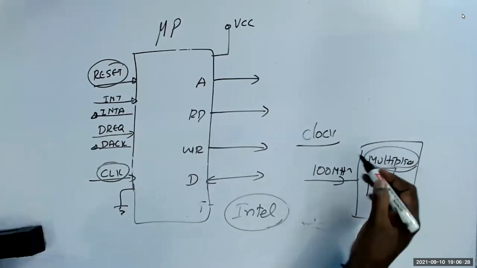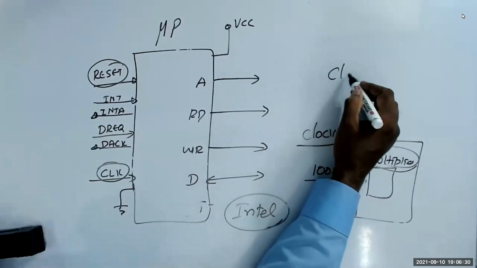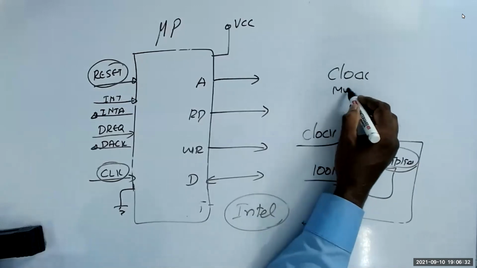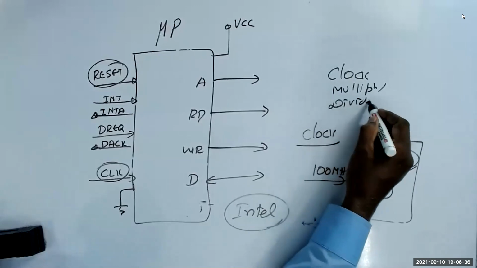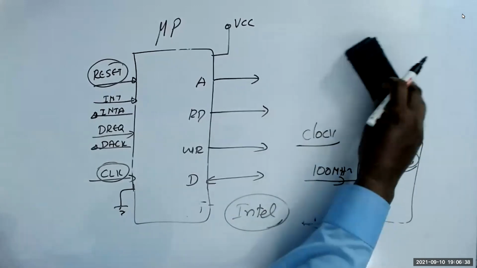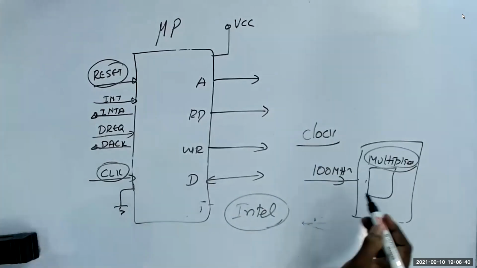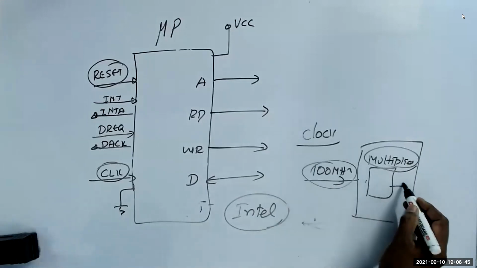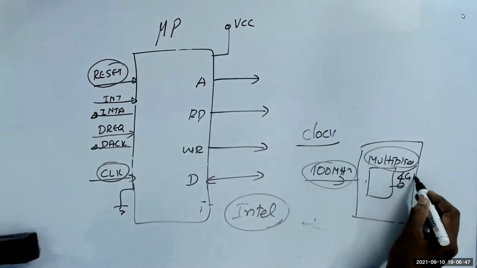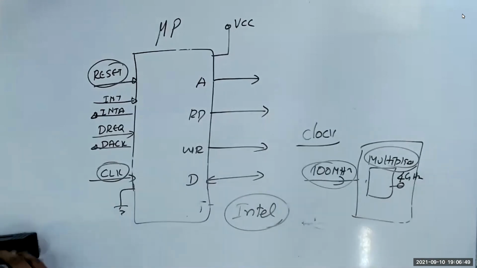We have not discussed two things: clock multiplier and clock divider. We will do this later slowly. Now I'm just introducing small terminology. Clock multiplier: you give 10 megahertz outside, and internally they generate 4 gigahertz. Think of it. That's all, clock multiplier.